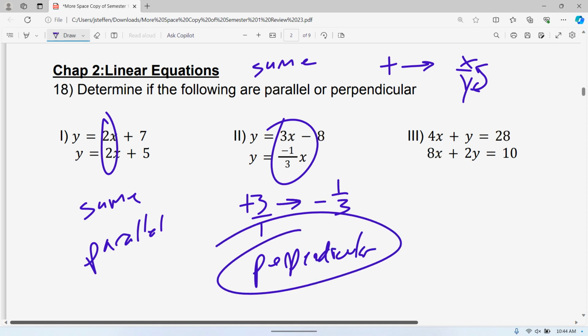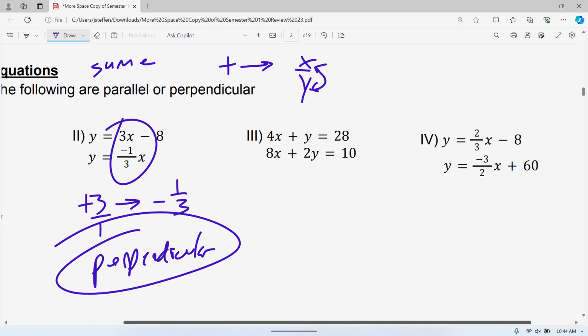That's probably not spelled right, but that's okay. Number 3 is a little bit of a pain because it doesn't tell you what the slope is. One of the formulas you'll have on your sheet is if you have standard form, the slope is negative a over b. So for the first, 4 over 1, so it's negative 4.